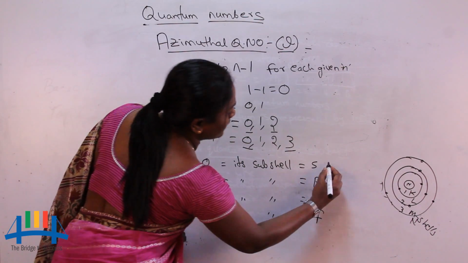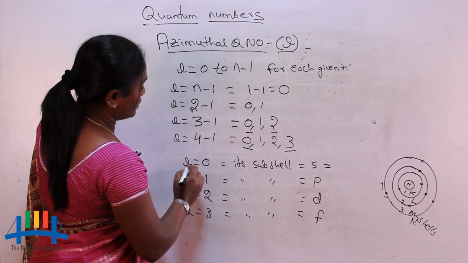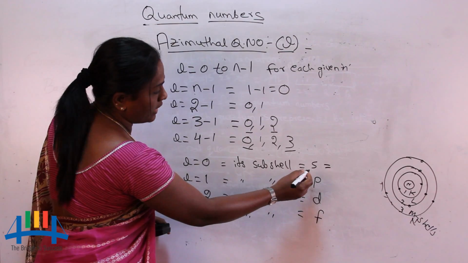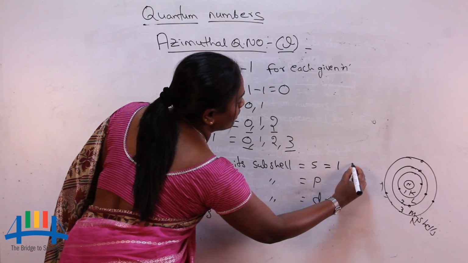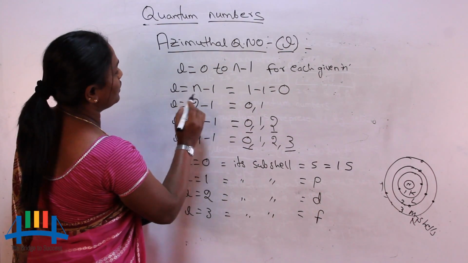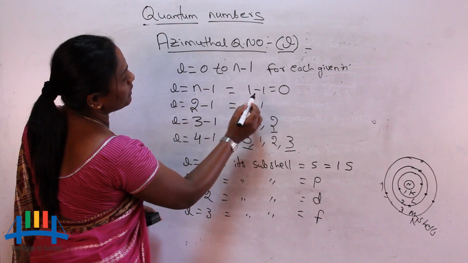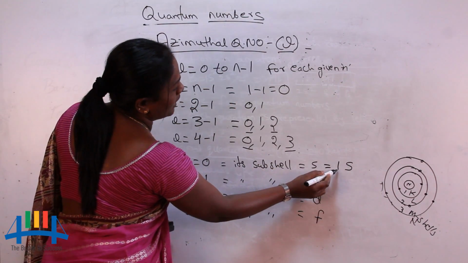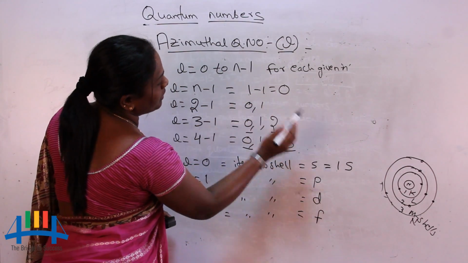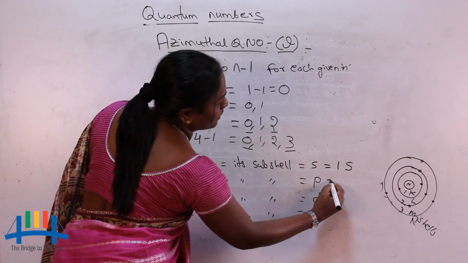Now you can write it as l equal to 0 means you got s, then you can write 1s. Here n is 1, 1 minus 1 means 0; 1 is the n value and 0 means it is s.